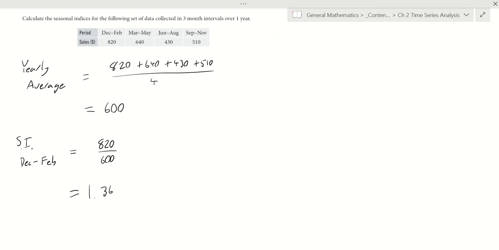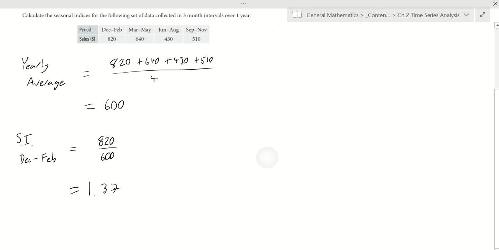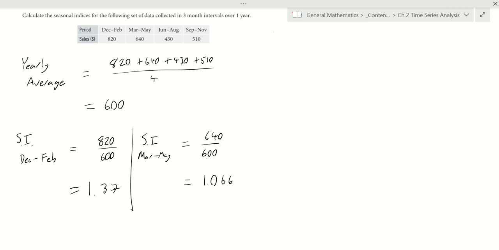I'm getting 1.3666, and I'm going to round that to 1.37. That's the seasonal index for December to February. What about March to May? That's going to be 640 divided by 600. Once again, we round that to 2 decimal places, so 1.07.